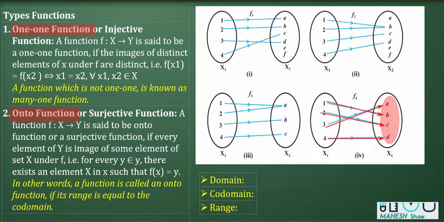And as I said here, the codomain and the range coincide. So this is both 1-1 as well as onto. So we can say that this is bijective. This is the only one which we can call bijective because it is both 1-1 and onto.